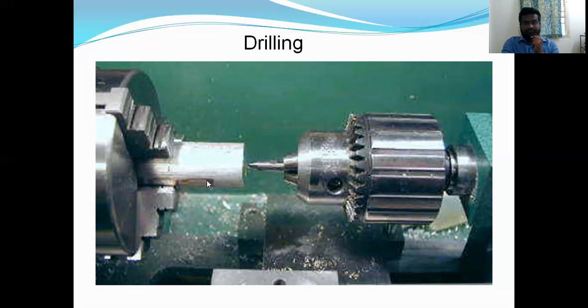In general drilling operation, the workpiece is stationary and the cutting tool, the drill bit, is rotating and fed into the workpiece. In drilling on the lathe machine, the workpiece is rotating, not the drill bit. The workpiece is rotated and the drill bit is stationary and fed into the workpiece. By doing this operation, we make holes on the workpieces.